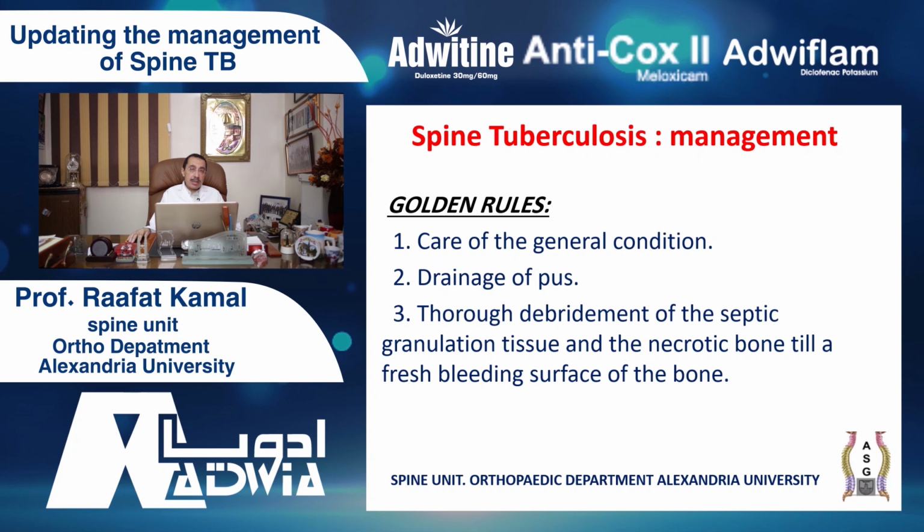Without this, we will not be sure that effective anti-tuberculous chemotherapy will reach the site of the infection, or the infection bed, and the infection could recur again. So it is very important that the end point of the debridement should be the presence of a fresh bleeding surface of the bone and soft tissue.